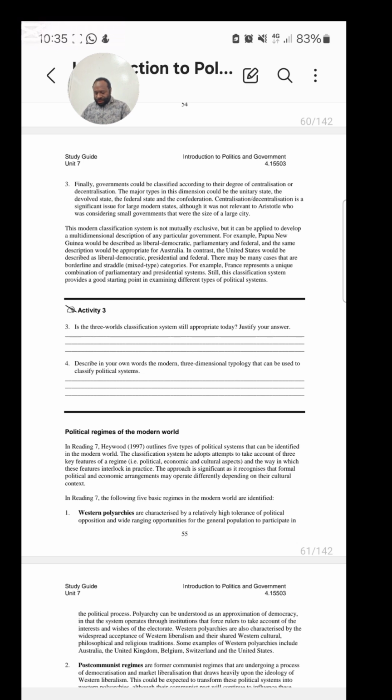Now the third is the classification between centralization and decentralization. A good example of conflict in Papua New Guinea is that the governors are now calling for autonomy for Bougainville and the New Guinea Islands, because they are saying that the executive government is overwhelmingly holding more power at the center, or the centralization of power is within the executive government.